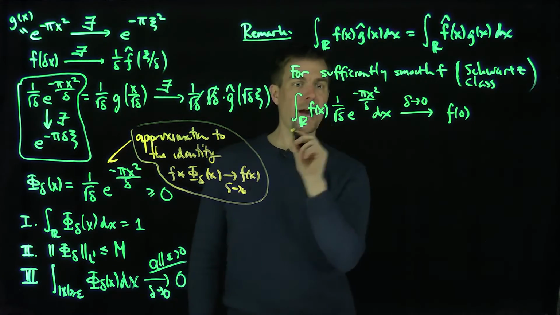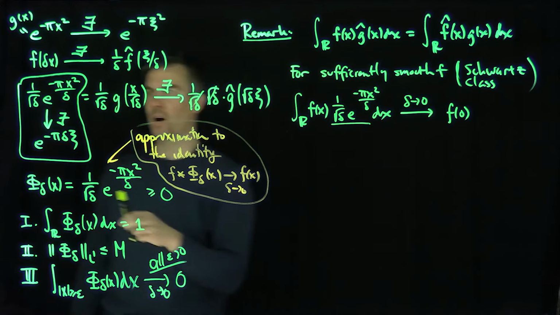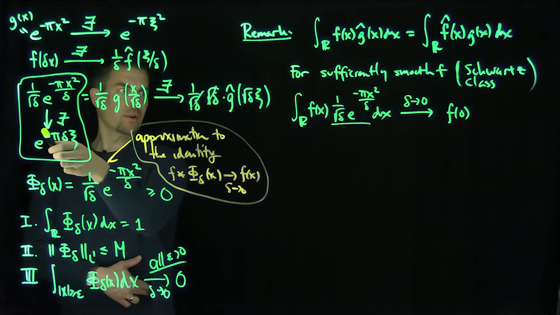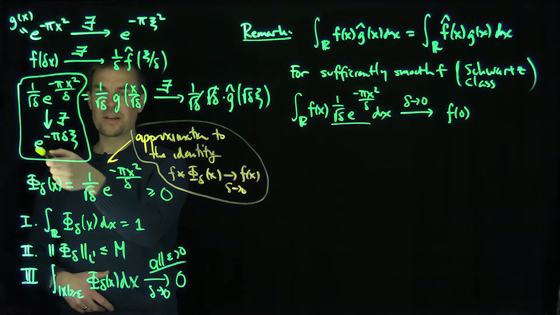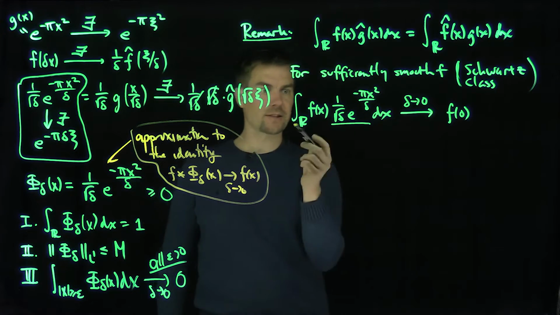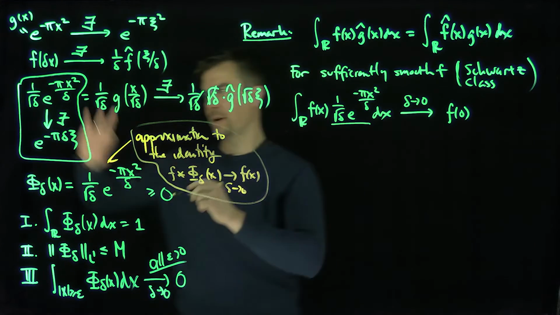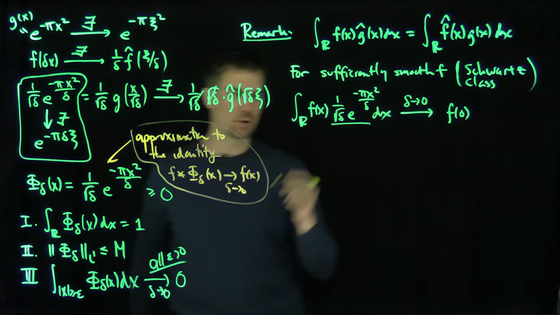But now by passing the Fourier transform, this thing is the Fourier transform of what? This function over here, if I Fourier transform it, comes with the Fourier transform of e to the negative pi delta xi squared. So I pass the Fourier transform from one to the other, right? Just by the scaling, I can do the opposite translation too, right?